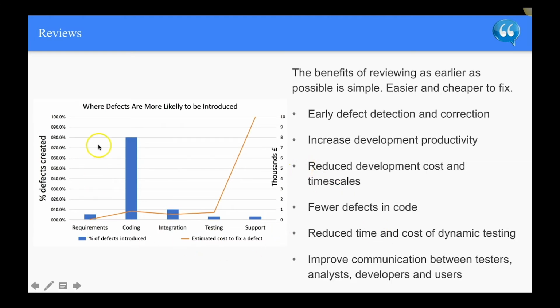As you can see on this graphic here, it shows where defects are more likely to be introduced. Requirements is just a little bit. Coding is where it's most likely to happen. Integration less, then the testing section, like in UAT, and the support when the product has already gone out. So the earlier you start, at requirements and coding, the better.